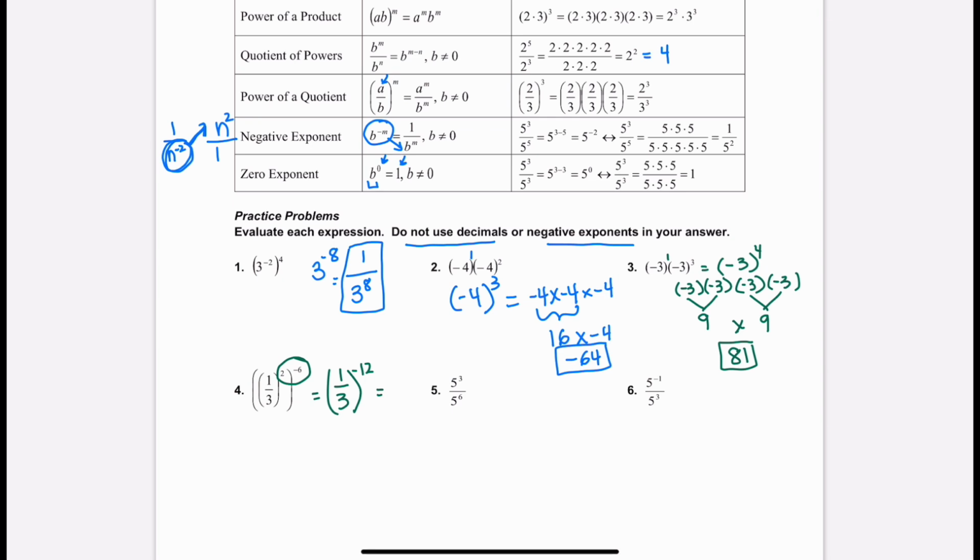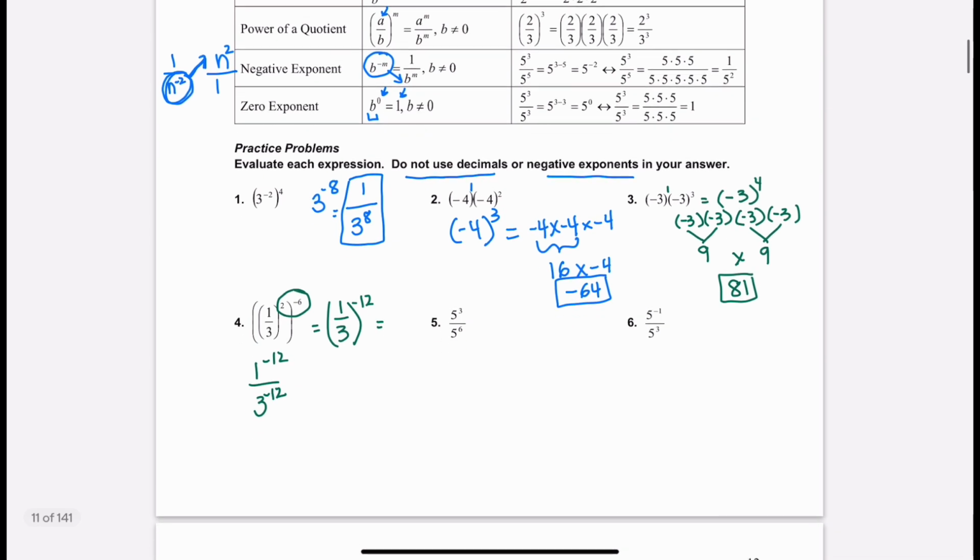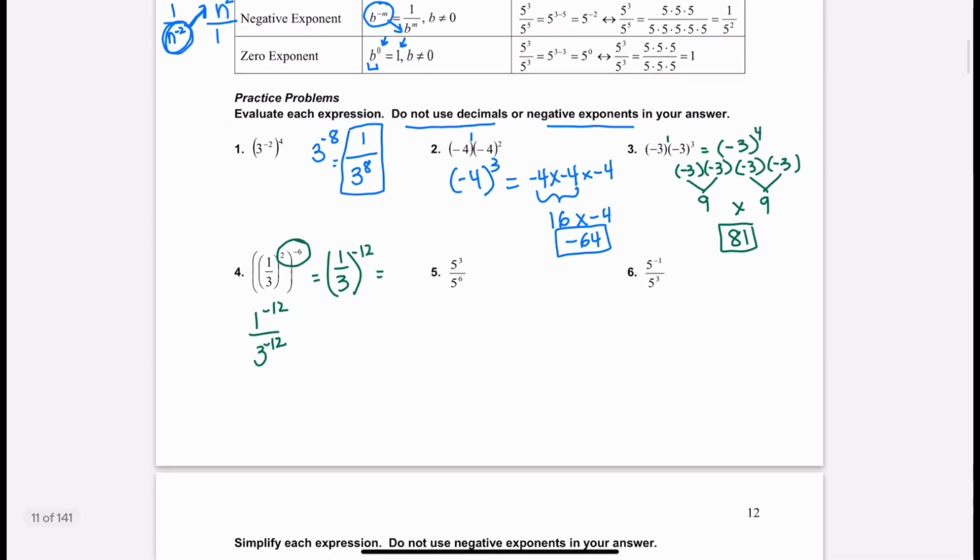1 to the negative 12 divided by 3 to the negative 12. Now remember, do not use negative exponents, and we have 2 negative exponents. What you do, you take the negative exponent in the numerator, you take it to the denominator. This is 1 to the positive 12. And 3 is going to go from the denominator to the numerator.